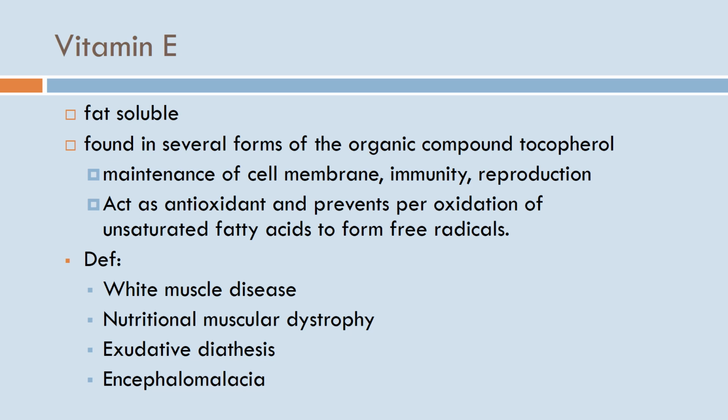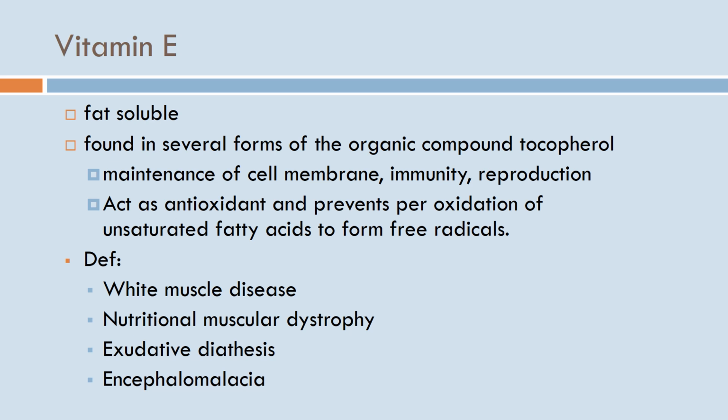Vitamin E is also a fat-soluble vitamin, and it is found in several forms of the organic compound tocopherol. It is required for the maintenance of cell membrane, immunity, and reproduction. Vitamin E acts as an antioxidant, and it prevents peroxide formation during the oxidation of unsaturated fatty acid.